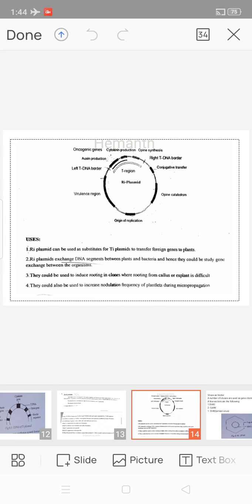And Ri plasmids exchange DNA segments between plants and bacteria, and hence there could be steady gene exchange between the organisms, and they could be used to induce rooting in clones where rooting from callus or explant is difficult, and they could also be used to increase nodulation frequency of plantlets during micropropagation.